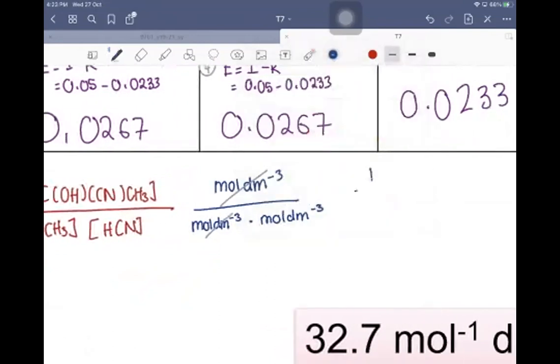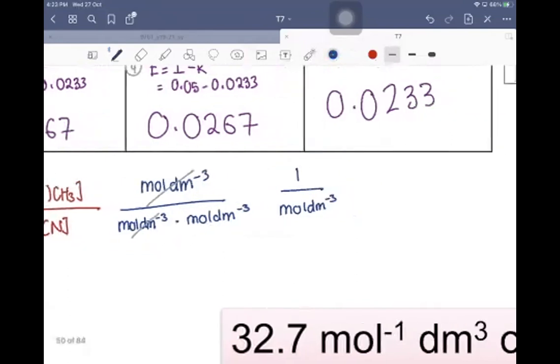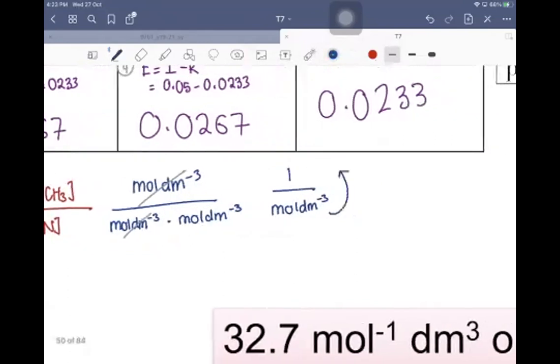We don't usually leave our units as 1 over something, 1 over mole dm cube like that. We bring the units up, and when we do that, the sign changes. Your mole now becomes mole minus 1.